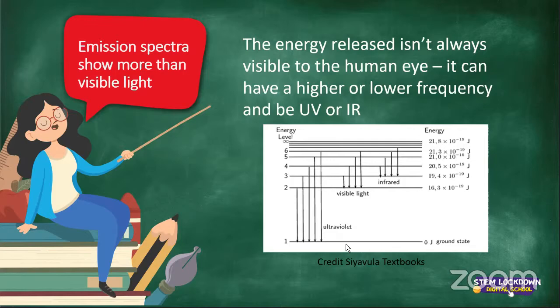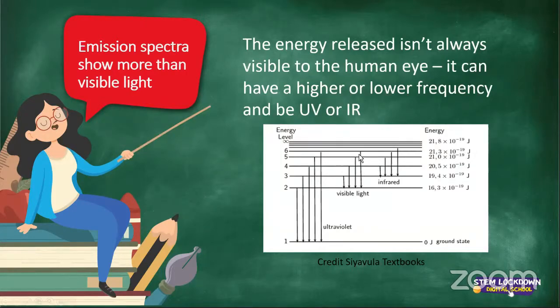Then those electrons can move to level 2, or level 3, 4, 5 and 6. And then it can move back down from 6 to 1, or from 6 to 2, or maybe from 6 to 3.